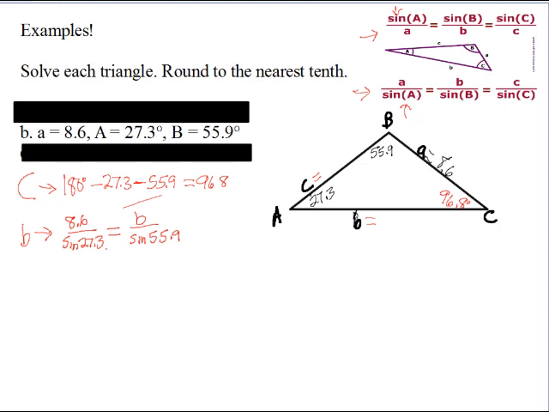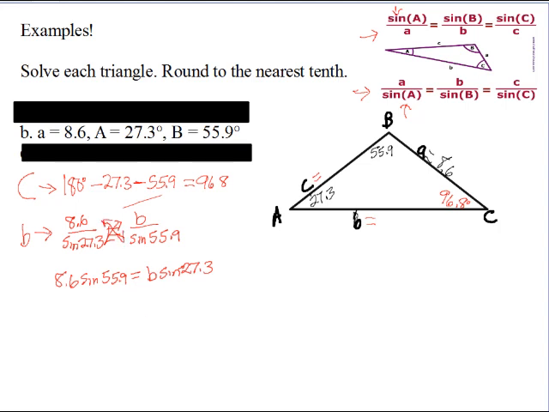Cross multiply, you should get 8.6 times sine of 55.9, which is equal to b times the sine of 27.3. We did a little cross multiply just in case you don't know where that came from.